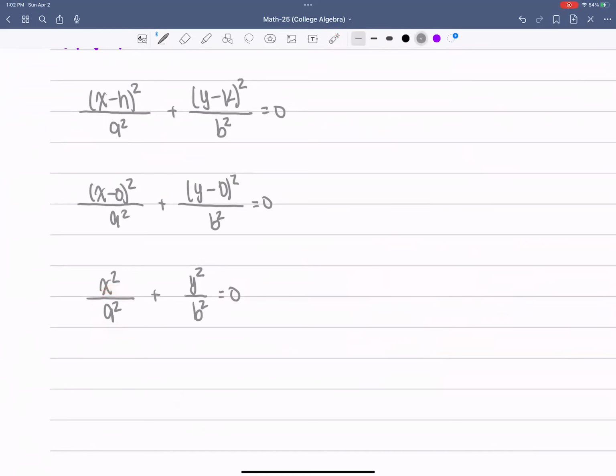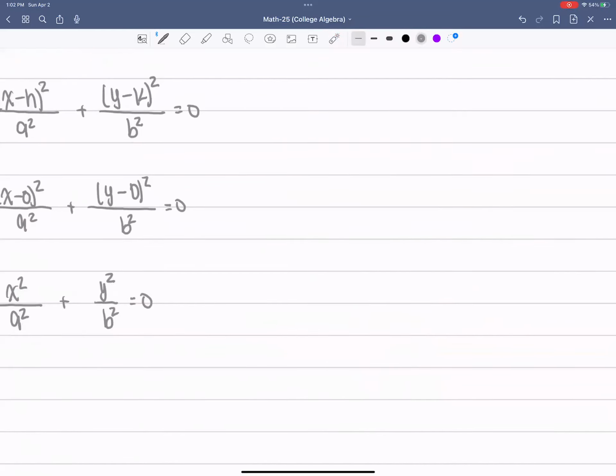So let's see what we have so far. We have a center, going out 8 units. 4, 5, 6, 7, 8. And going out 8 units in the opposite direction. 5, 6, 7, 8.